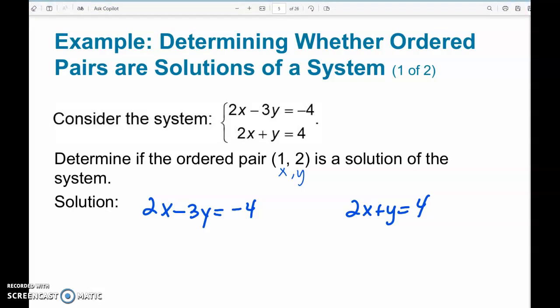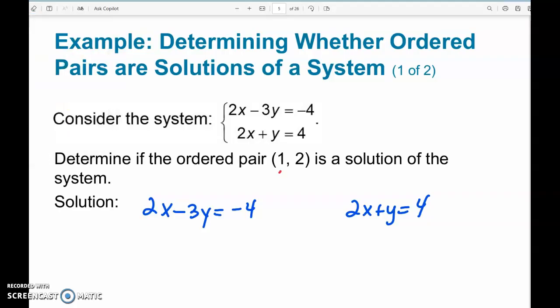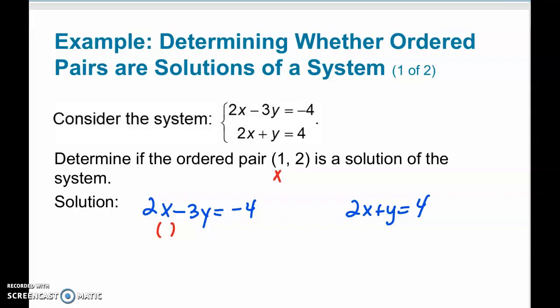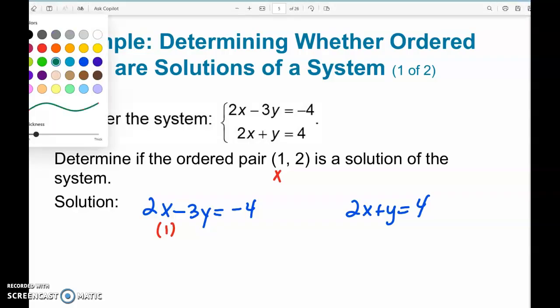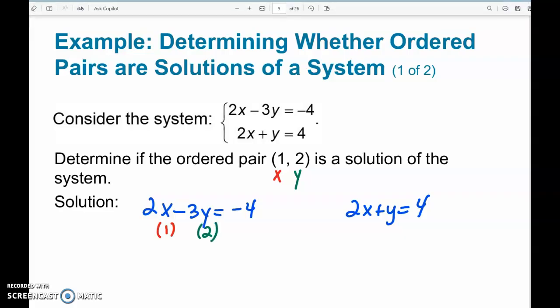And then I have my ordered pair. The first value in my ordered pair represents my x. So wherever I have an x in my equation, I'm going to put in a 1. In the second one, the second component of the ordered pair is the y. So wherever I have a y, I'm going to put in a 2.